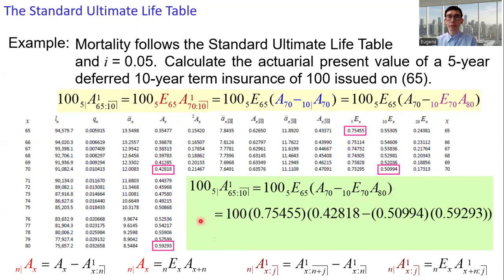And then upon calculation, we get the answer. The actuarial present value of a 5-year deferred 10-year term insurance of 100 issued on age 65 is 9.4938.